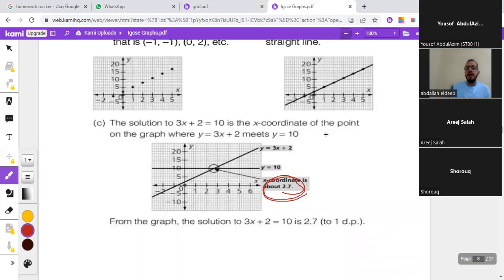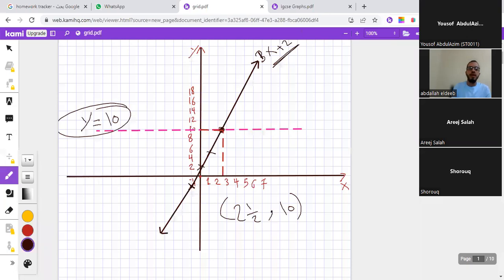Now with me again, Arish, you know how to draw y equals 10? Yes. You know how to draw 3x plus 2? Yes. They will intersect here in a point.